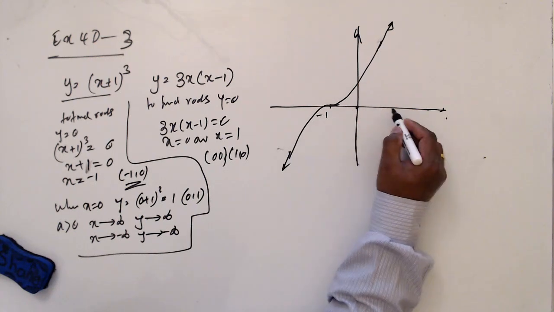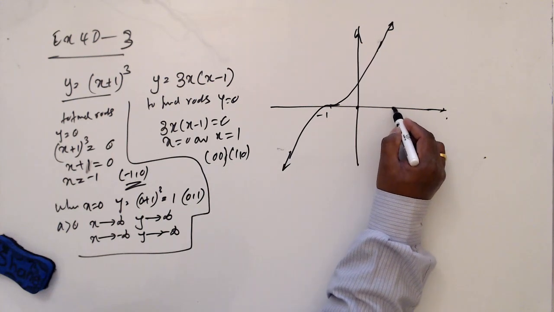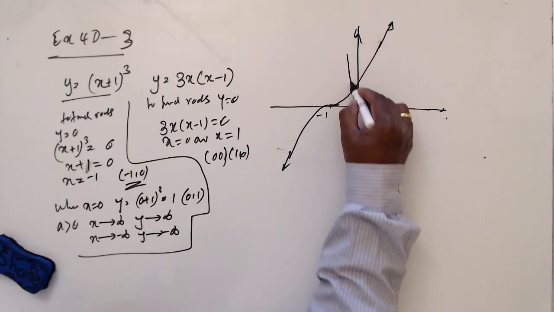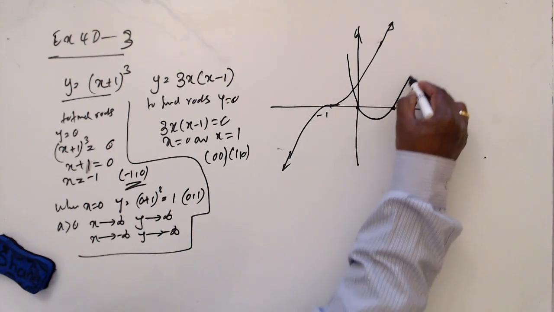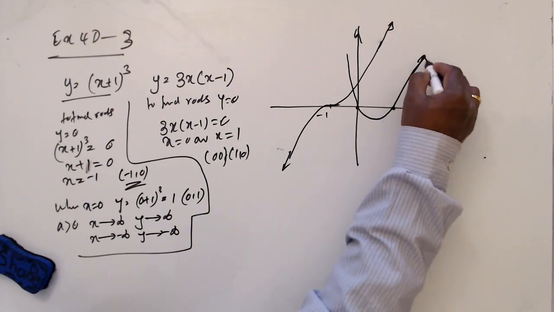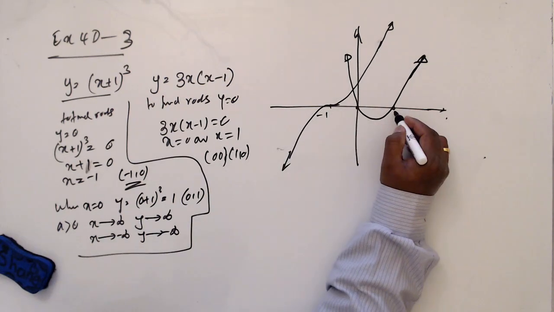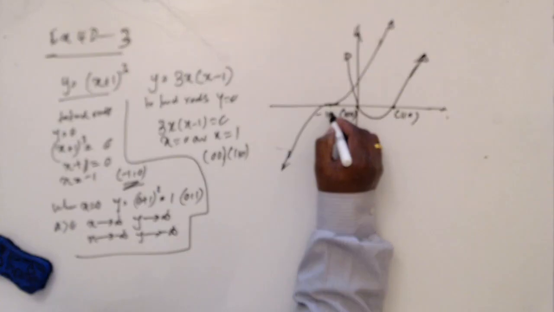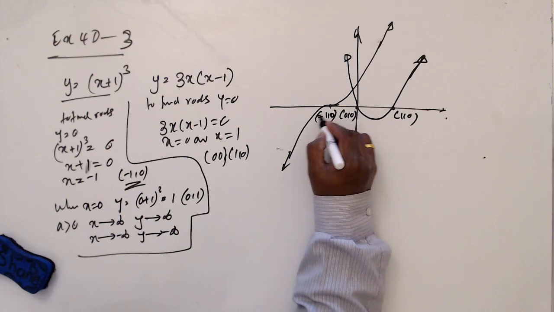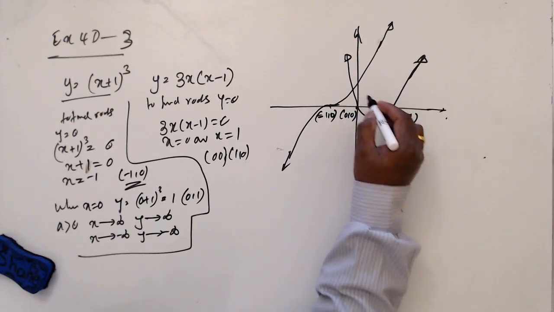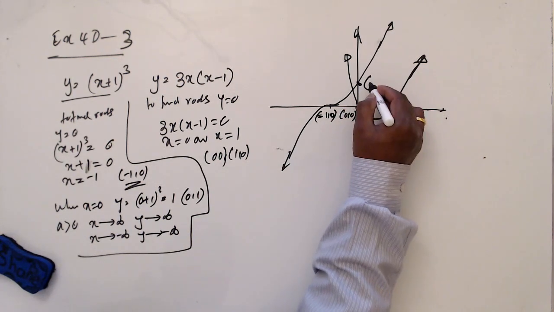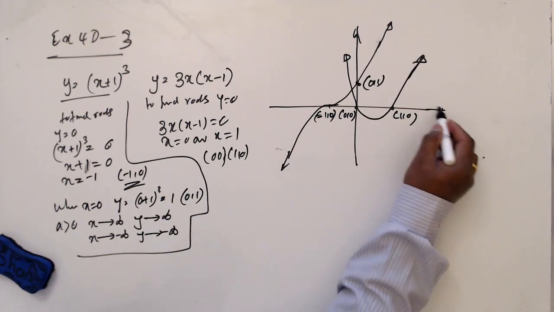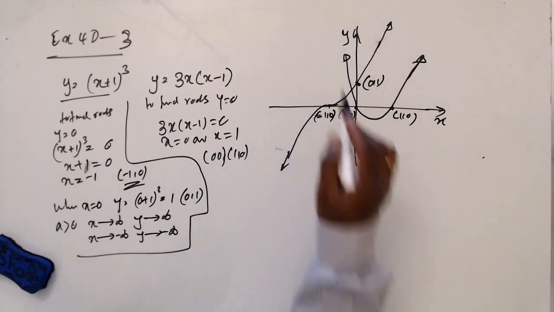This is 0 and this is 1. So the quadratic graph goes through. So this is (1, 0), this is (0, 0), this is (minus 1, 0). And we know this point we found, (0, 1). Now we did the sketch. This is the x and y axis.